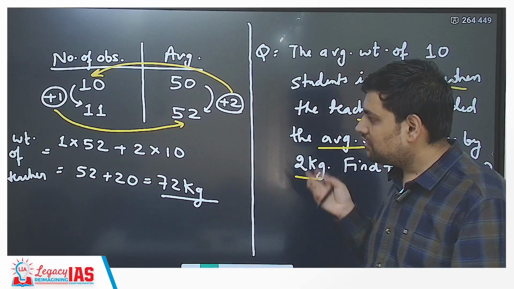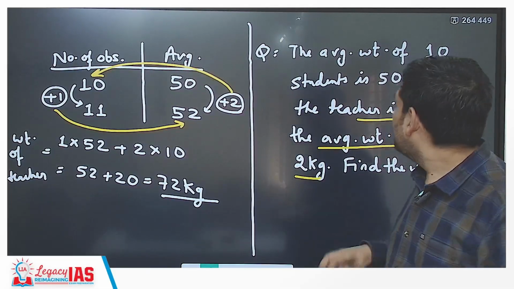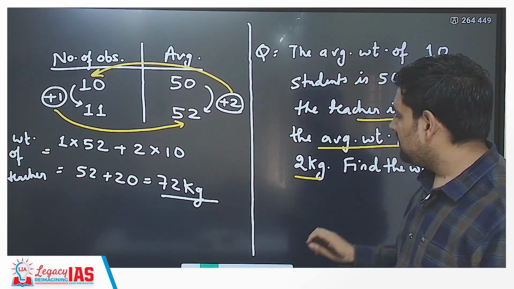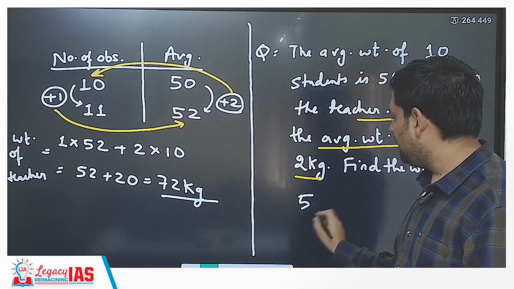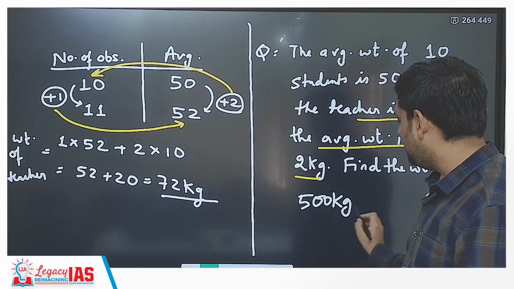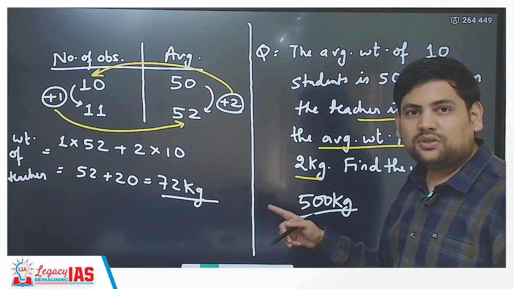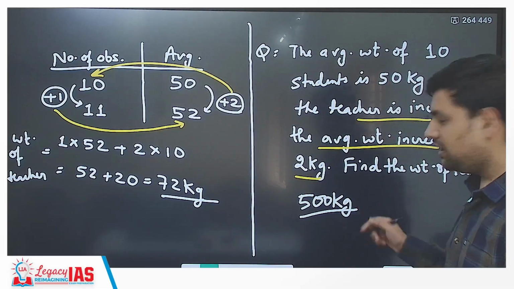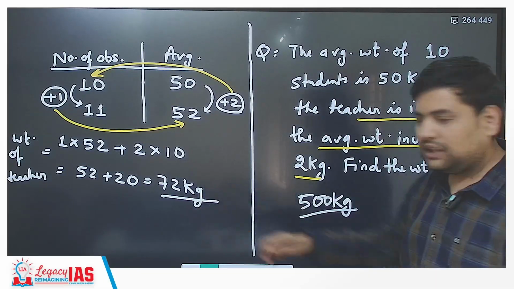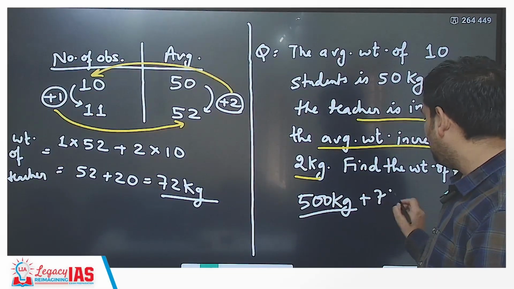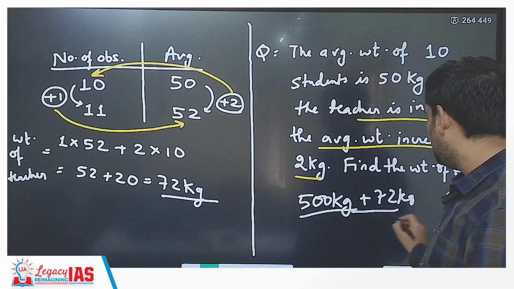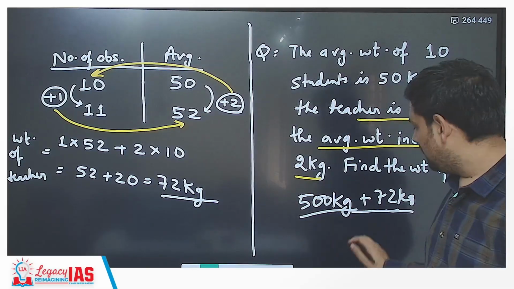Okay, you can also verify this. How? See, 10 students have an average weight of 50 kg. So if I add all of their weight, it will become 500 kg. Sum is equal to average into number, A into N. And so 500 kg you got. Now we got the weight of the teacher as 72. So let's add the weight of the teacher. So this becomes 572 kg. Now this divided by 11.